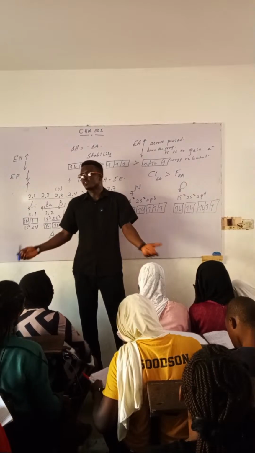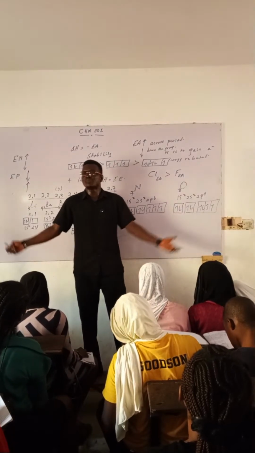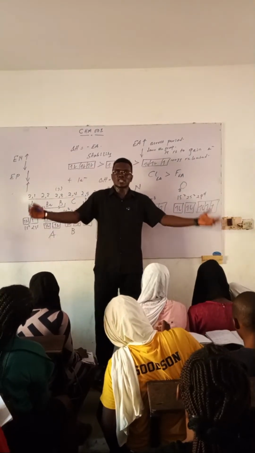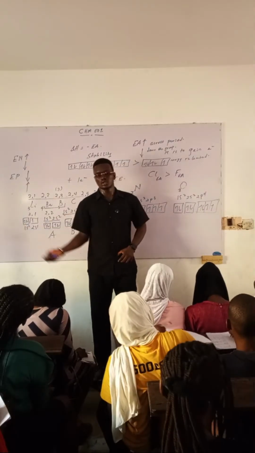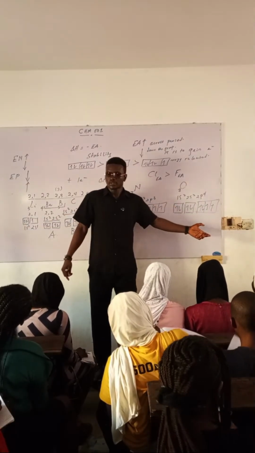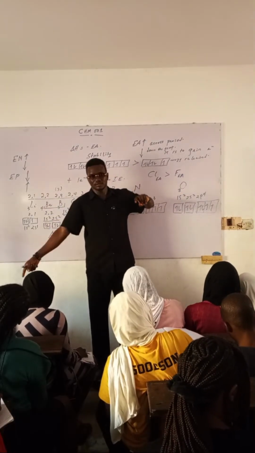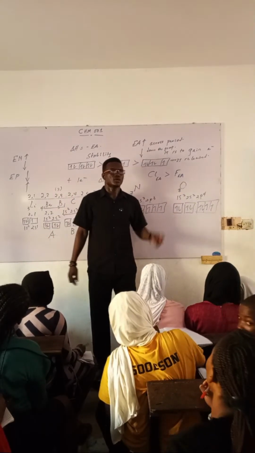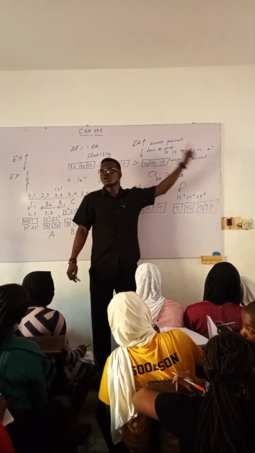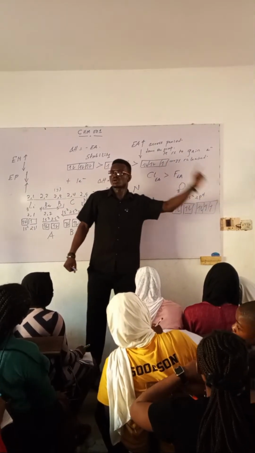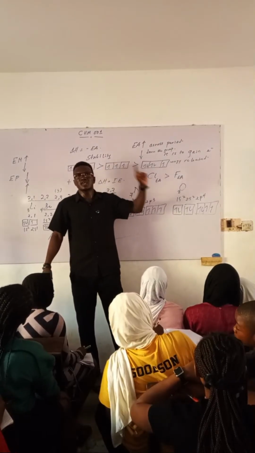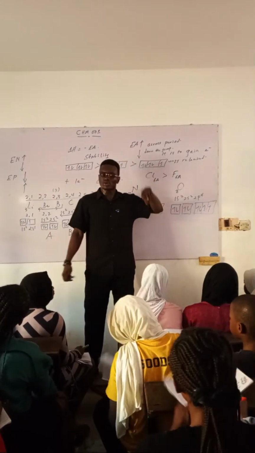Oxidation, we usually define it as loss of electron. So potassium will easily undergo oxidation compared to fluorine. That means potassium will be a strong reducing agent. Fluorine will be a strong oxidizing agent because it has the ability to easily gain electron and undergo reduction.